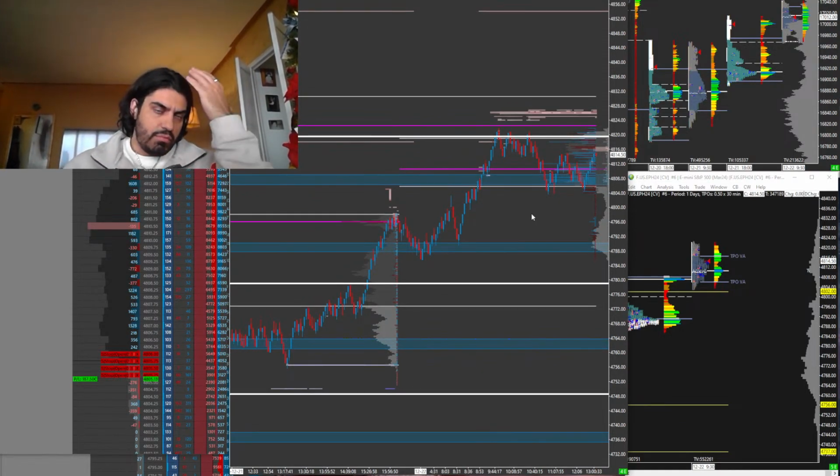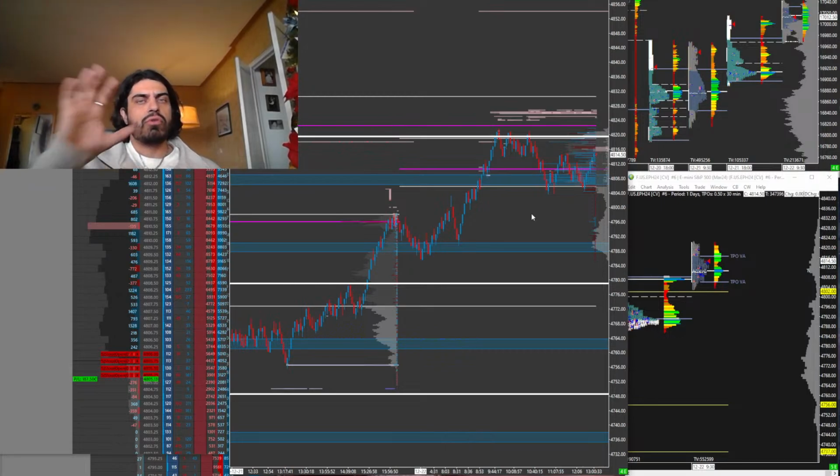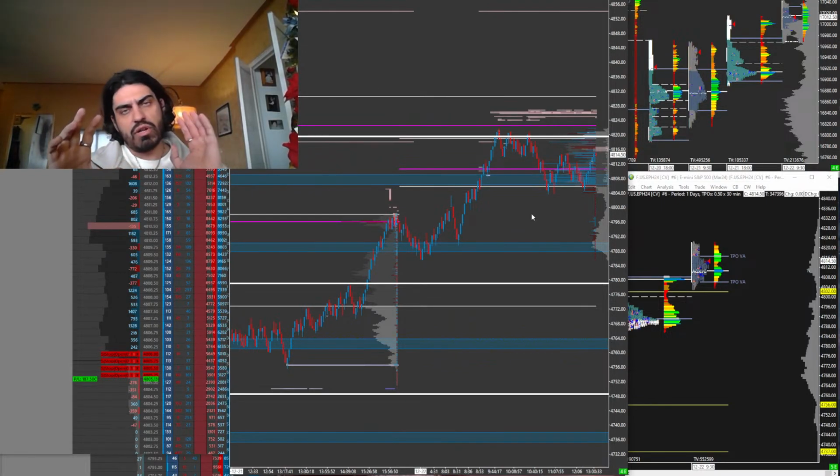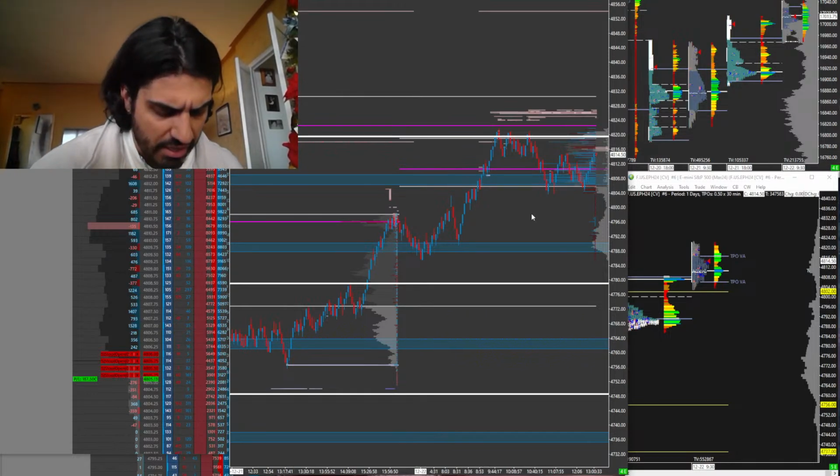Delta is the difference between market buyers and market sellers, so contracts. So if someone goes market buy 2,000 lots and someone goes market sell 1,000, the delta is going to be positive 1,000. Someone goes market sell 2,000, someone goes market buy 1,000, then the net delta is going to be negative 1,000 in that case, because there's going to be more sellers than buyers.